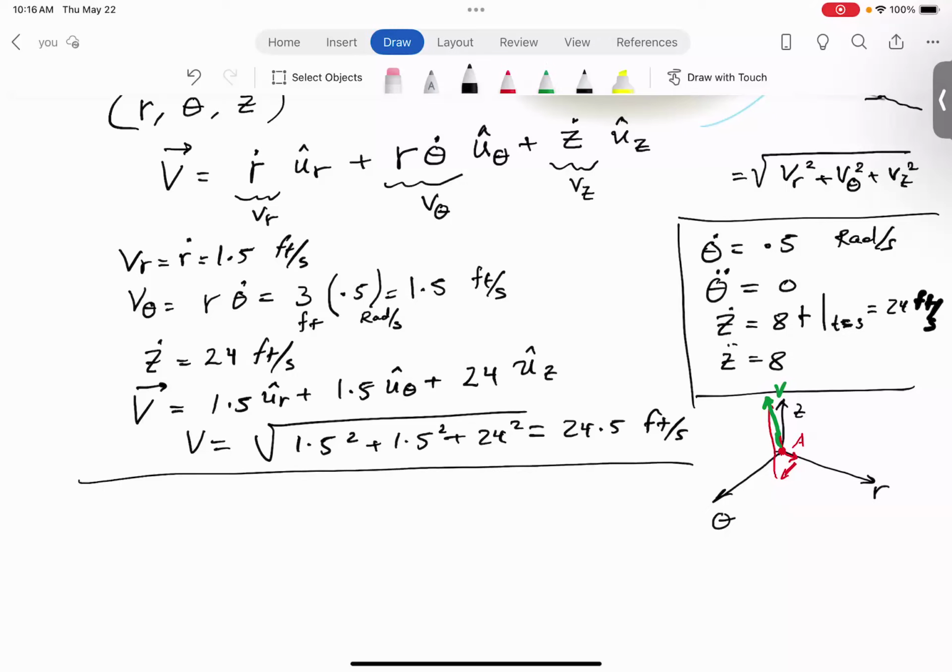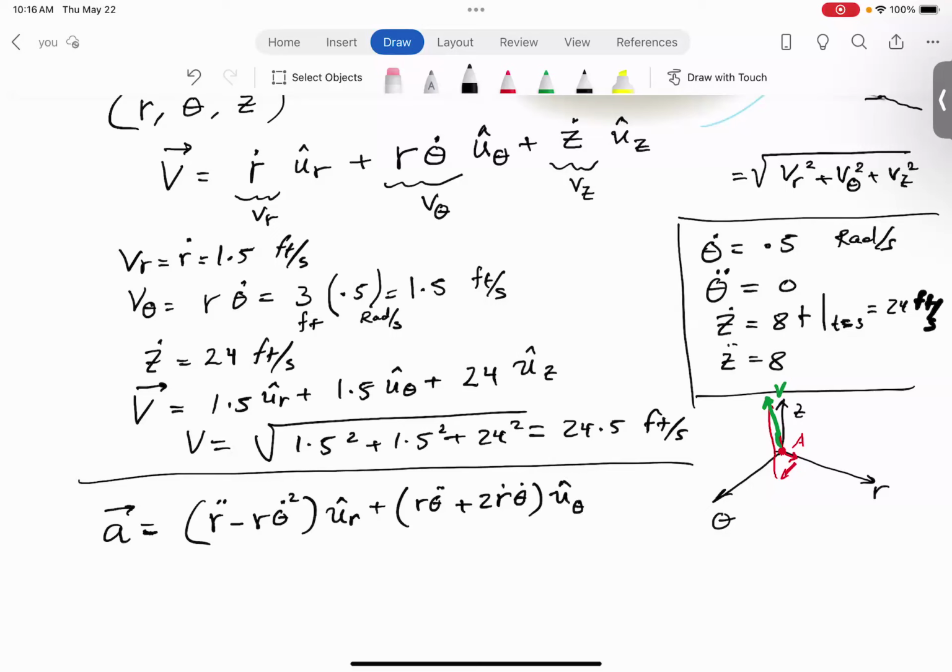So what about acceleration? Now, acceleration in this coordinate system has the form like this. And you could, again, look at the derivation, look at the formulas. It has a radial component, which happens to be r double dot minus r theta dot squared. That's the radial component times u sub r, plus r theta double dot plus 2r dot theta dot.